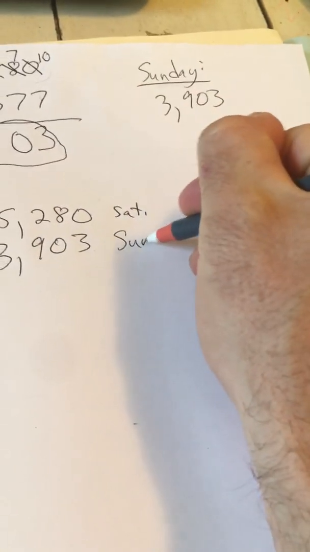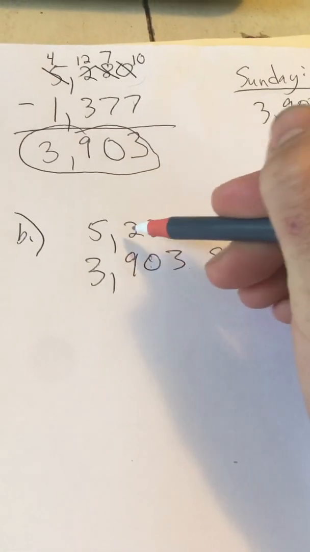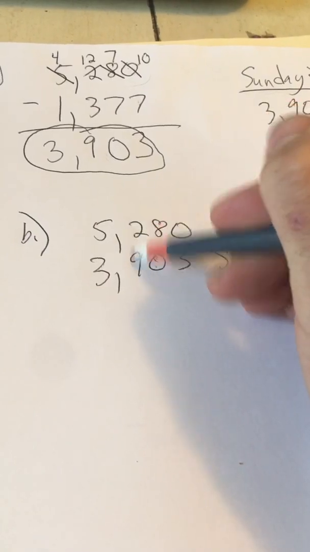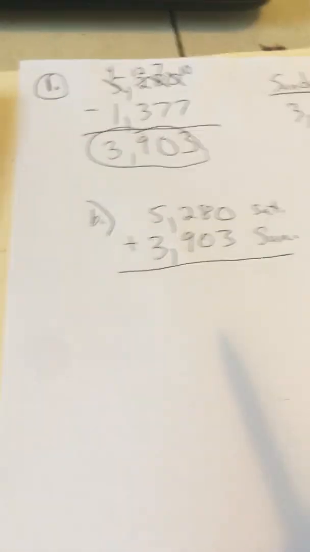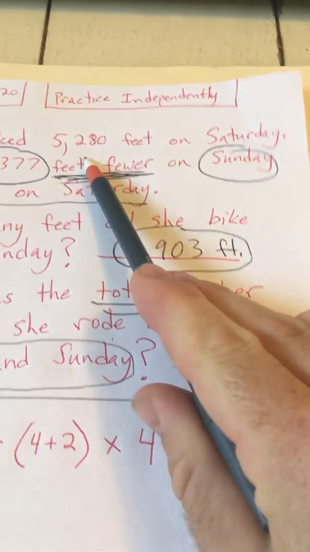Make sure your place values are lined up. Your ones, your tens, your hundreds, and your thousands are in the correct place. We're finding the total, so we are adding these 2 days. Make sure you got the numbers right. 5,280 plus 3,903, and we're good to go.